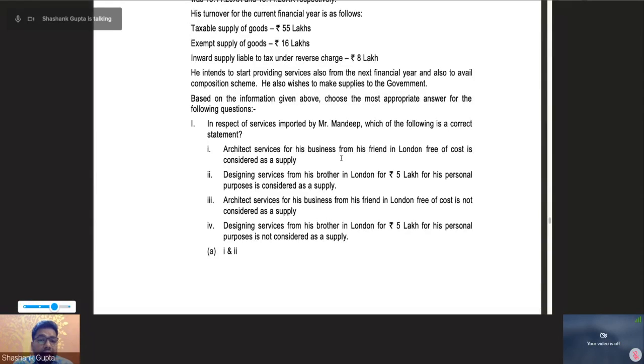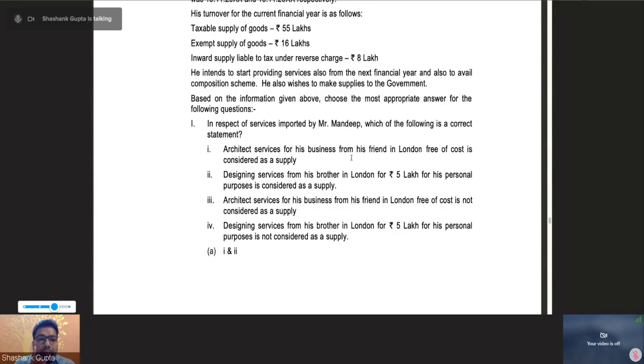See, it was a smart way to fool anyone, because when you say friend, a few of you in the hurry may not think through and may commit the error of thinking that friend sounds like a related person, so the statement looks correct, because otherwise it's in the course of furtherance of business and there is no consideration.